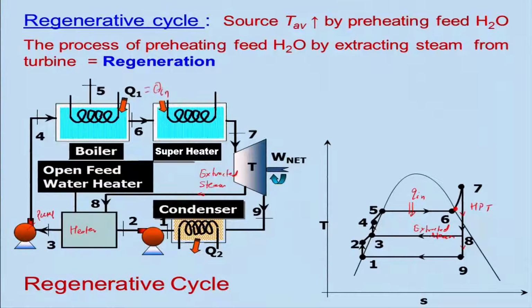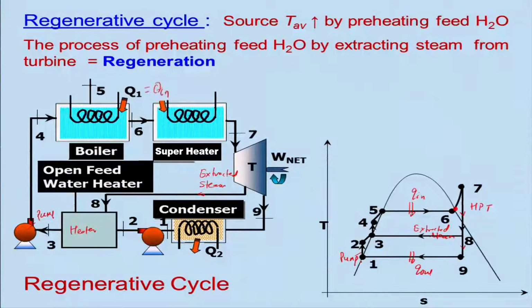Suppose you take 10 kg per second of steam, you are taking 2 kg per second from the steam, and 8 kg per second is expanded further and goes to the condenser, where heat will be rejected. Then it comes back to the saturated liquid point, and then it goes to the pump, 1 to 2 is your pump.